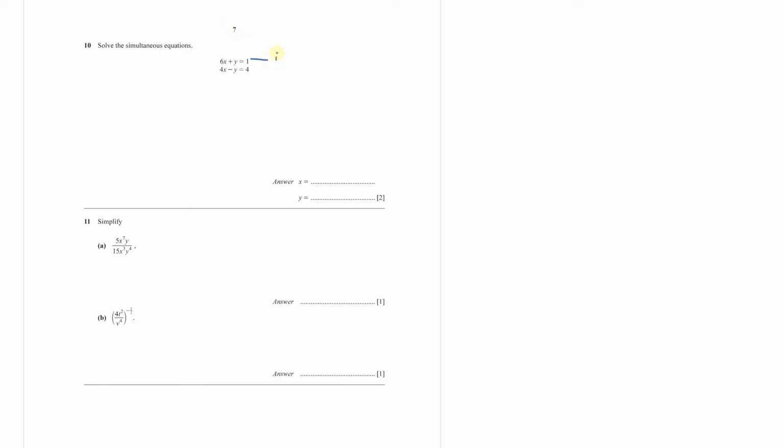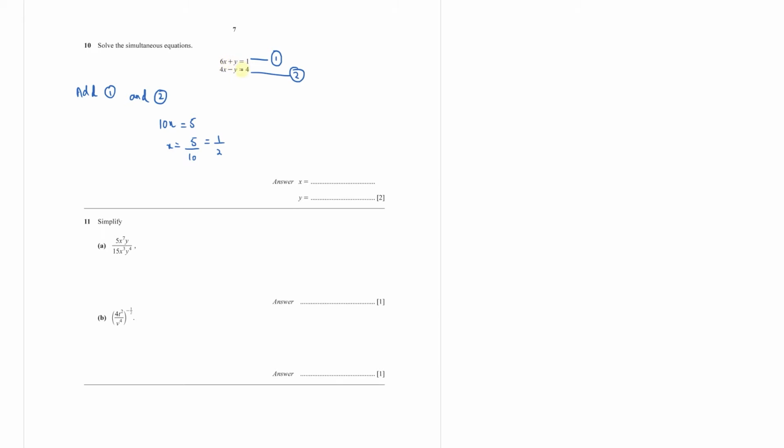So if this is equation 1 and this is equation 2, if you add 1 and 2, you get 6x plus 4x, which is 10x, and then y cancels out, plus y minus y equals 0, and then 4 plus 1 on the other side is 5. So you get x equals 5 over 10, which equals 1 by 2.